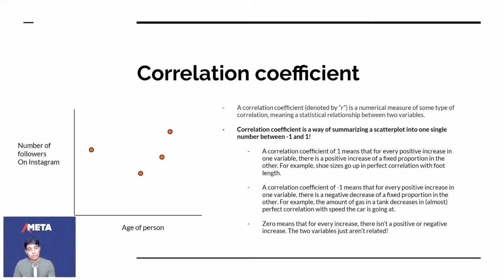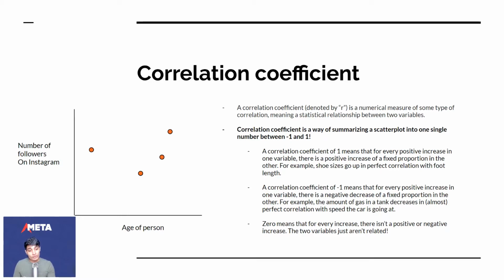For example, shoe sizes go up in perfect correlation with foot length. Just like height and weight, the longer your foot, the higher your shoe size. That's kind of obvious, and it goes up linearly. The lower your foot size, the lower your shoe size. It's a very proportional combination.